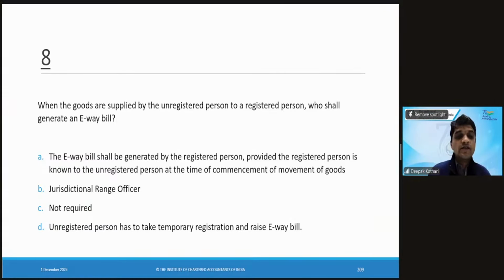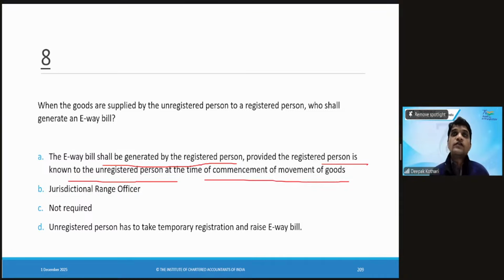So an e-way bill shall be generated by the registered person, provided the registered person is known to the unregistered person at the time of commencement. If the supplier doesn't know, then it is not required, because the supplier is unregistered and he does not know the customer, or if it is to an unregistered customer, then it is not required.